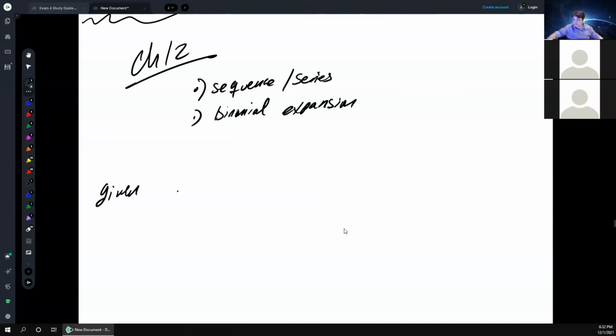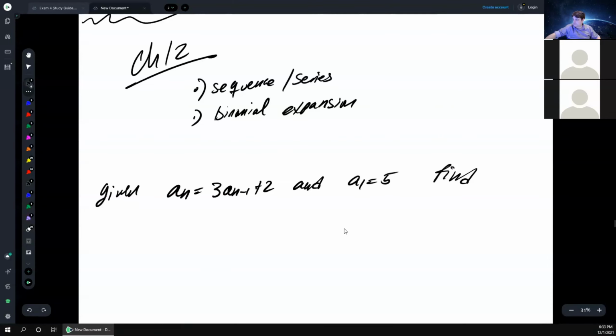Given a sub n is equal to 3 times a sub n minus 1 plus 2, and a1 equals 5. Find the first four terms.